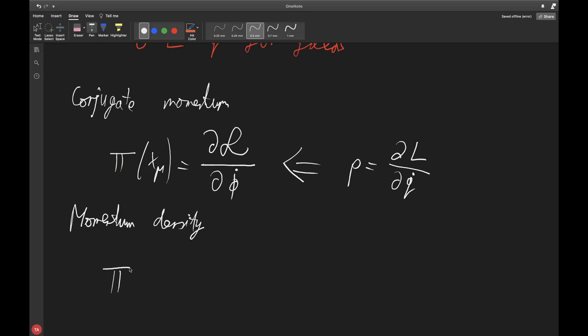The momentum density is an uppercase Pi, which is not really visible here. It has, though, a mu index, so it's a four-dimensional object, and it still depends on x mu, on the space-time.